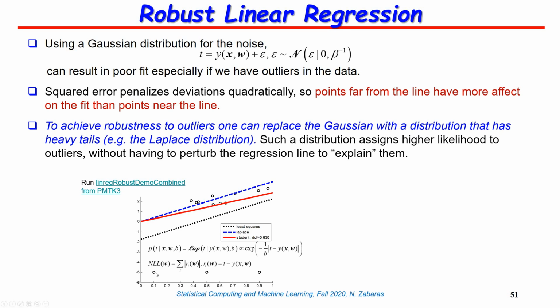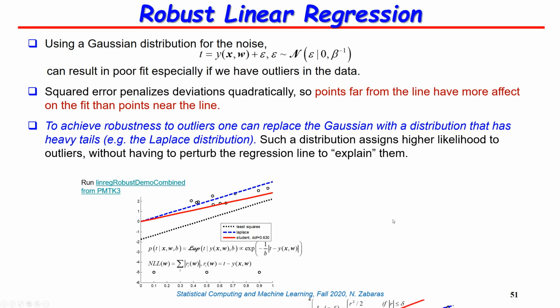And this is a beautiful schematic that demonstrates robustness in regression. If you have three outlier points that you see here on the bottom, you can see immediately that the least squares solution with the Gaussian likelihood has moved towards the outliers, but for both the Laplace and the Student t likelihoods, the effect of the outliers has literally been minimal.